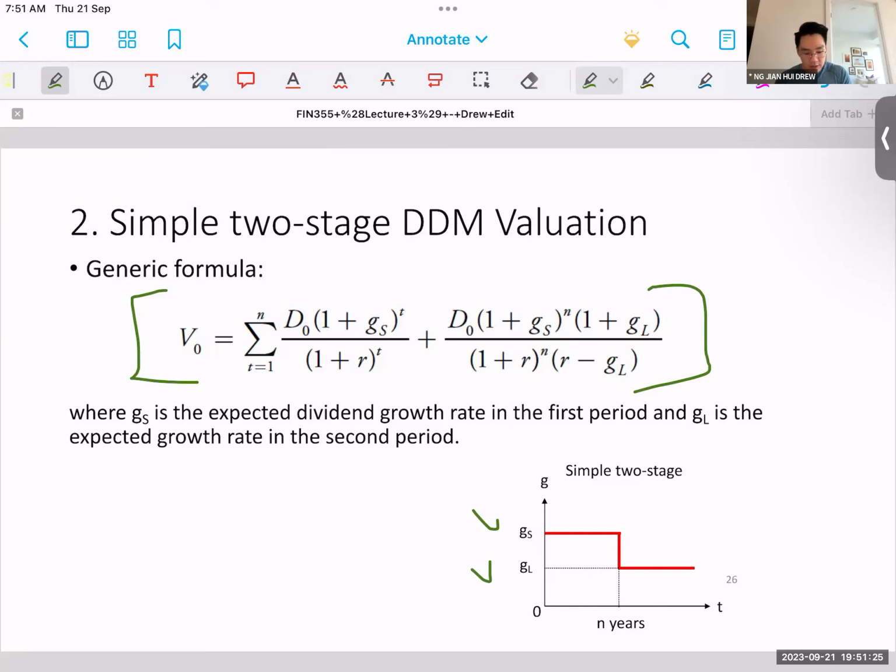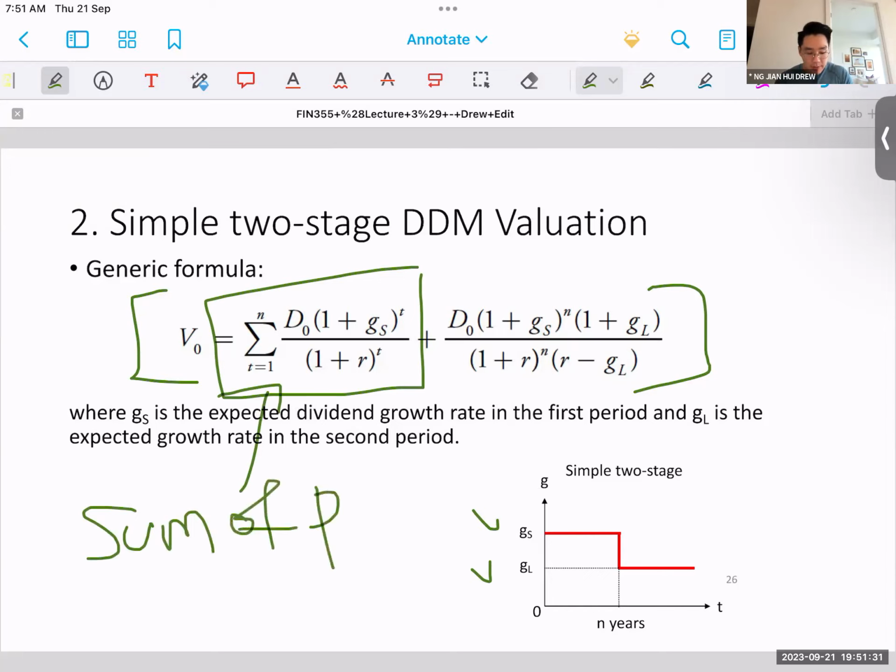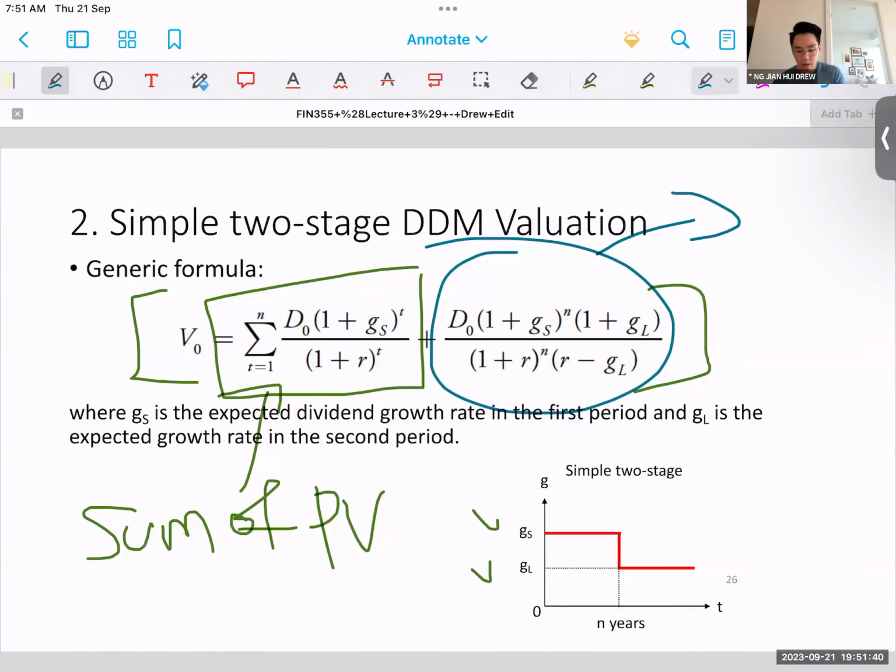Just want to let you know, this summation is your sum of PV. PV, you can see here, is the sum of PV here. And this component here is your growing perpetuity, GP.